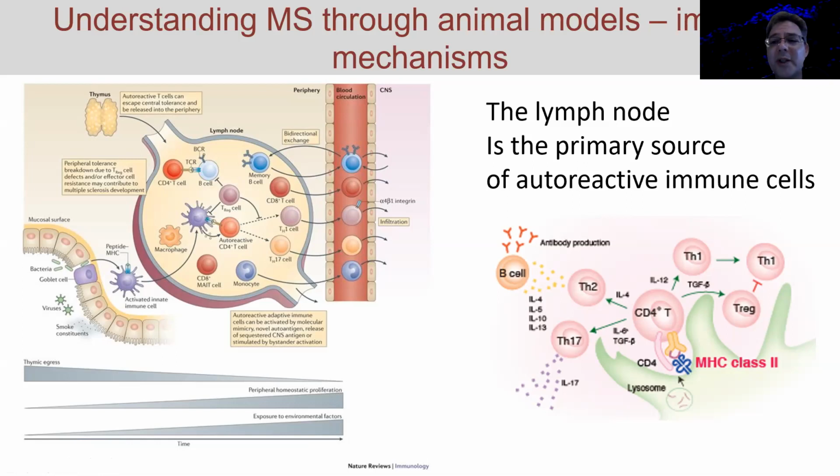And fingolimod is a small molecule that is a modulator of the sphingosine 1 phosphate receptor, and limits the egress of effector immune cells from the lymph node where they can expand and enter into the circulation.